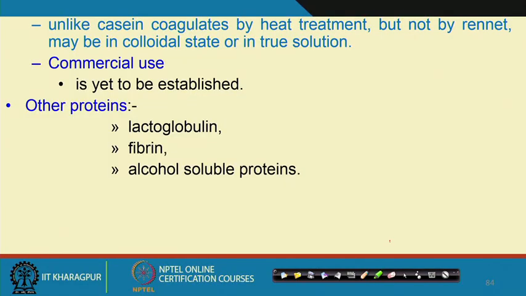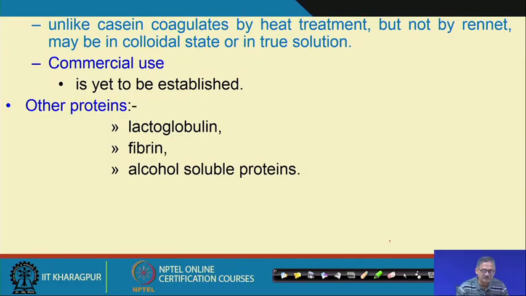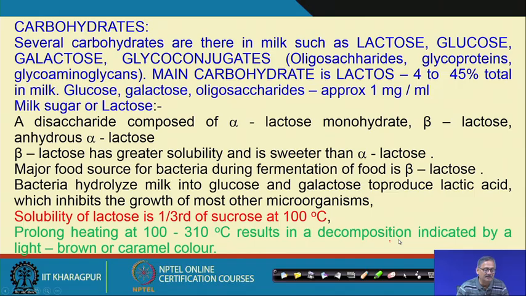Like other proteins, lactoglobulin, fibrin and alcohol soluble proteins are also present in milk. Now, we come to another one, which is the carbohydrate family, right.